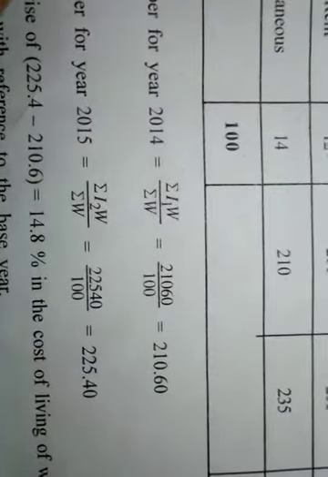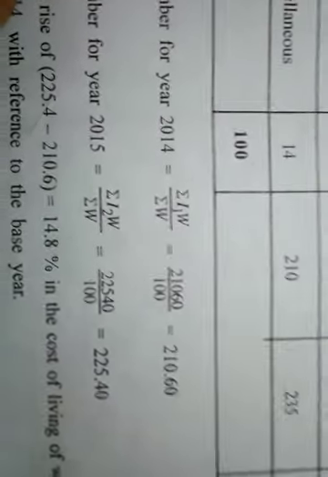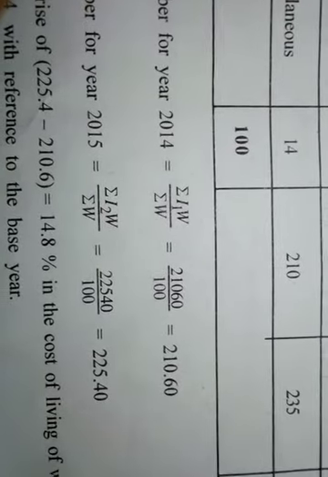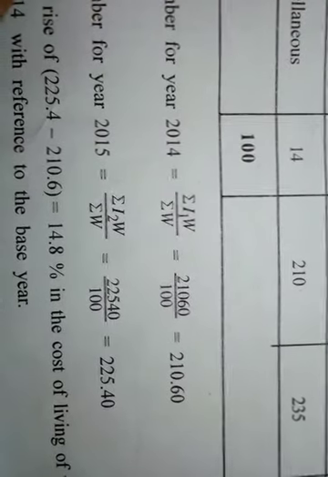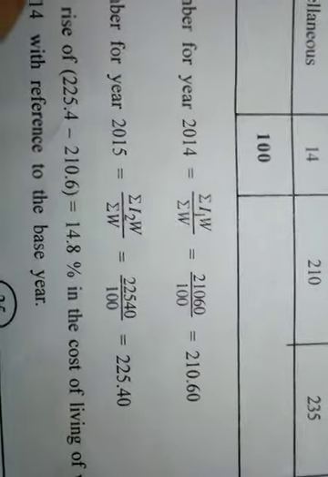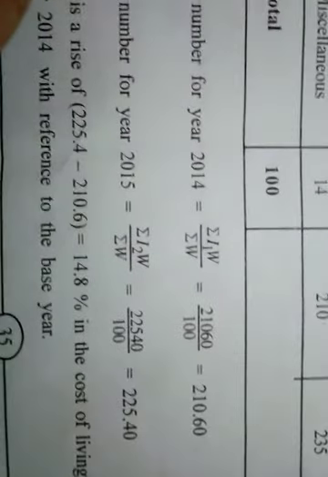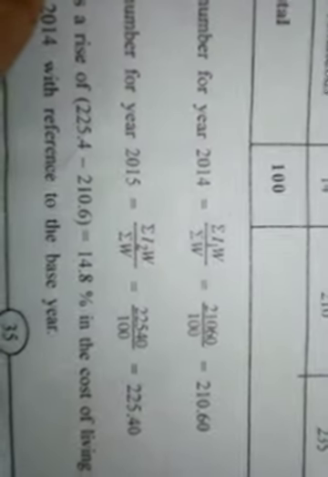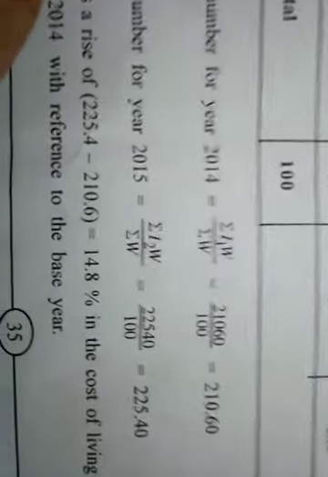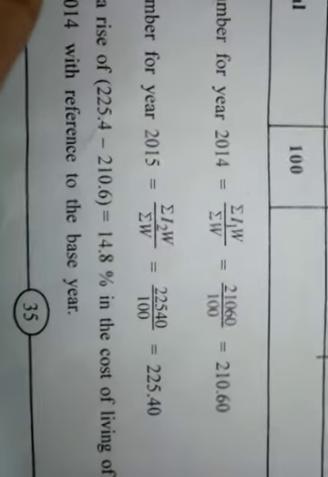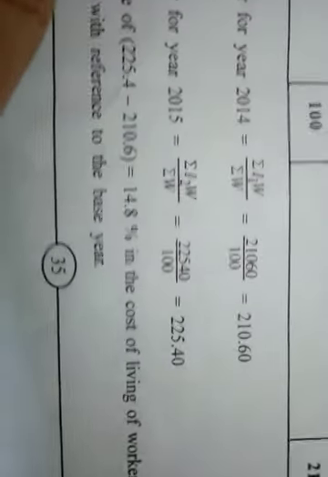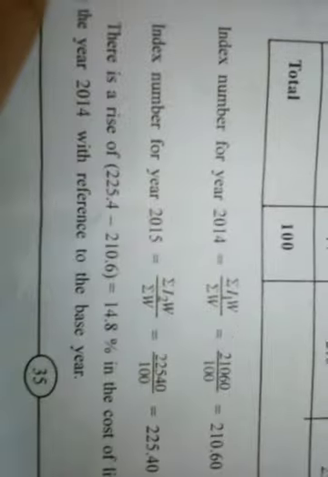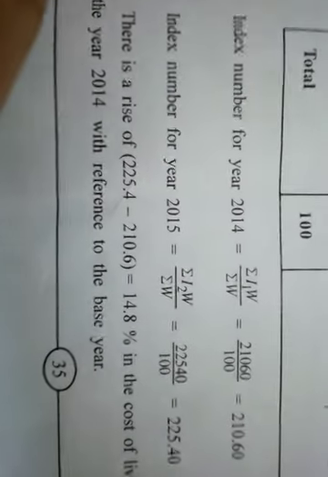So we compare the cost of living index numbers: 210.60 in the first year and 225.4 in the second year. What is the difference? 14.8. So 14.8 is the rise in the cost of living index number of the workers from 2014 to 2015.